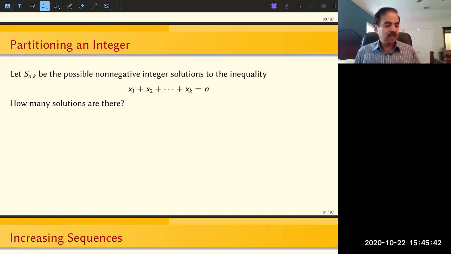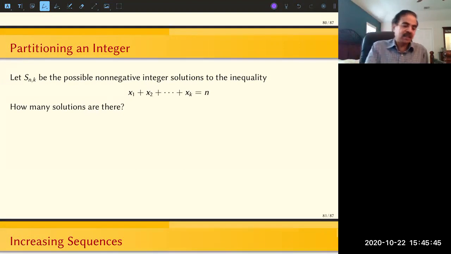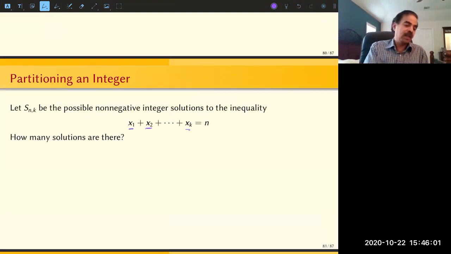Now that we recognize that, this is the number of donuts of the first type we want to pick, the number of donuts of the second type, all the way to the number of kth donuts we want to pick up. So this is exactly that problem.